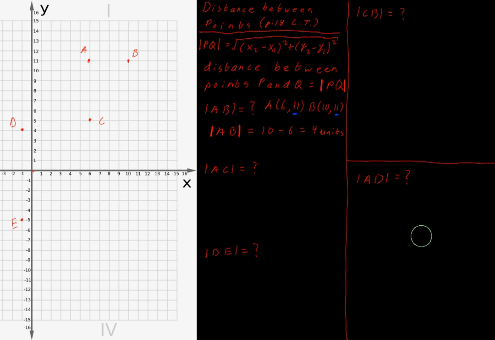So we are going to continue on now to our distance between A and C. So again, we need to know what the points A and C are. That's our first job. So we have A is at in the door 6, up the stairs 11.